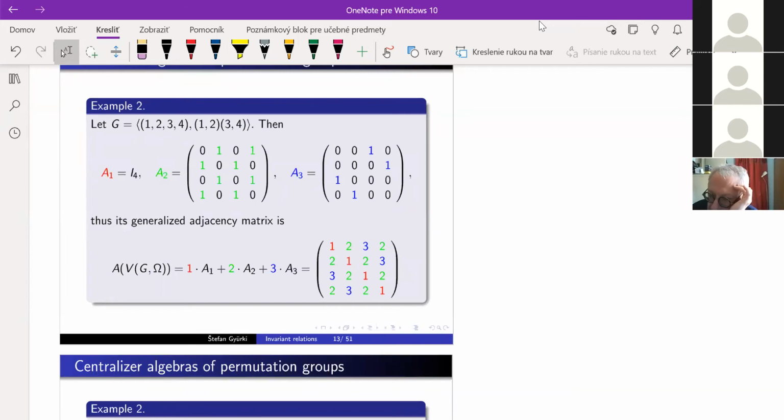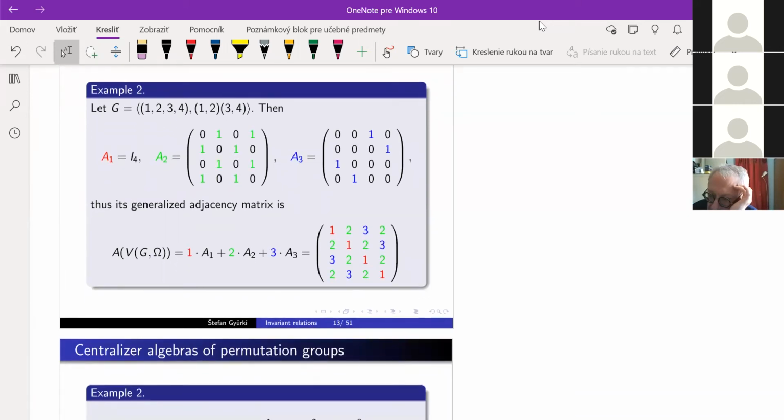So for example, if I have the permutation group which is generated by these two elements, then this permutation group has 3 two-orbits.